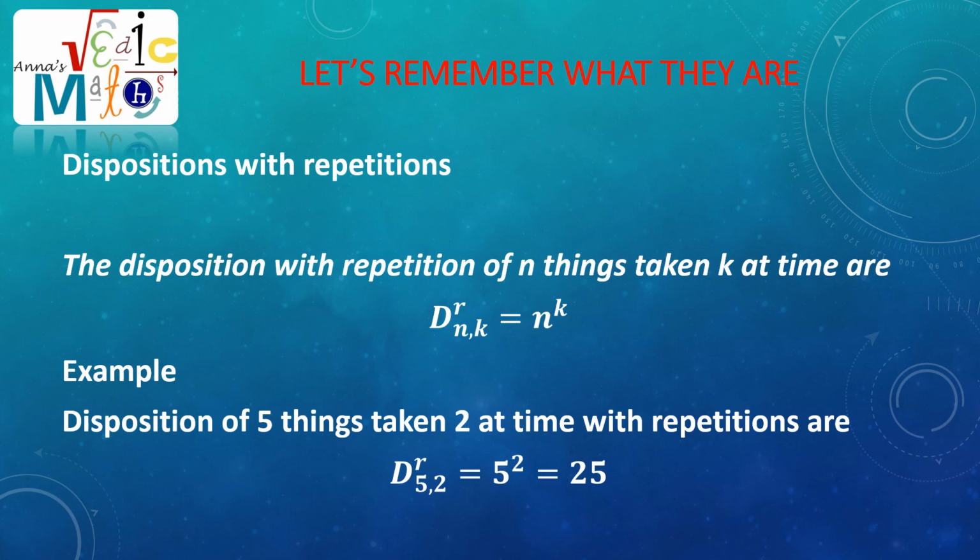So, the disposition with repetition of n things taken k at a time is n raised to k. In the example, the disposition of 5 things taken 2 at a time with repetition is 5 squared, equal to 25.